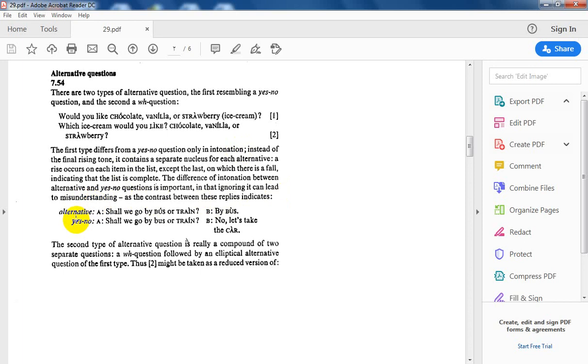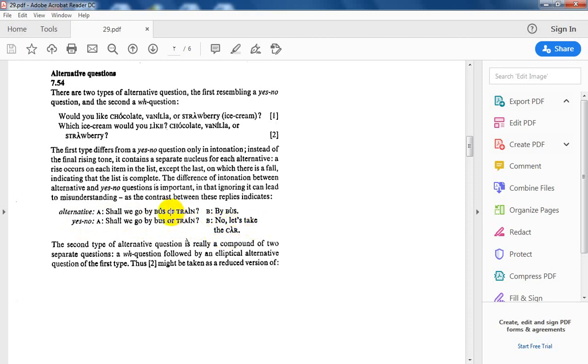This is an alternative: shall we go by bus or train? Bus rising, train falling. The answer here is by bus. But this is a yes/no question: shall we go by bus or train? No, let us take the car.